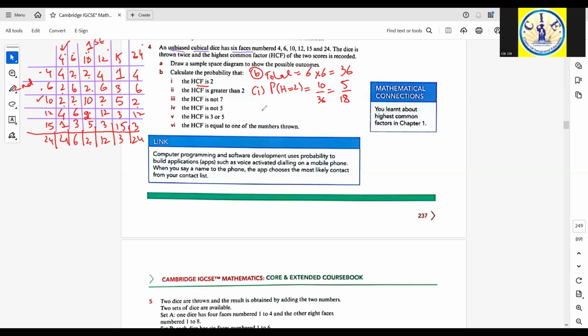Then for the second part, the HCF is greater than 2. Greater than 2.